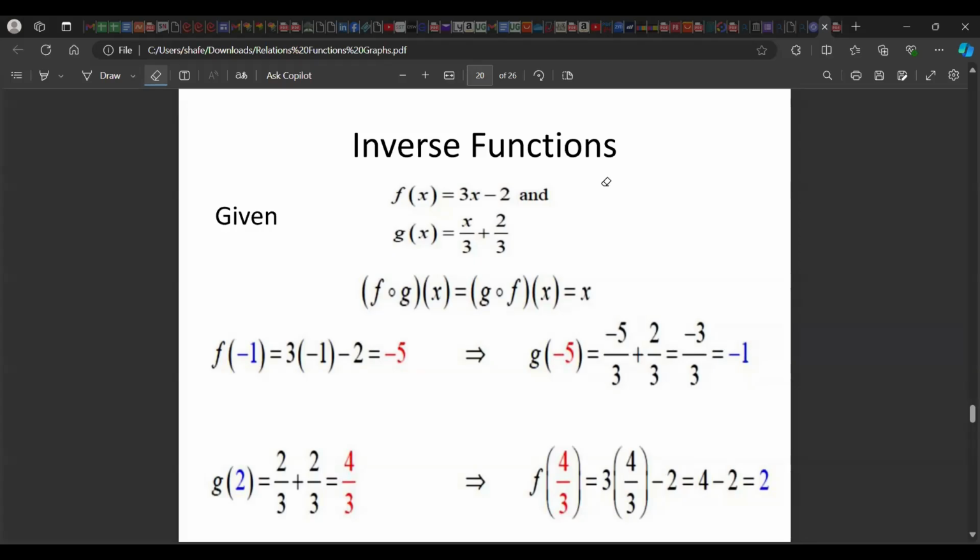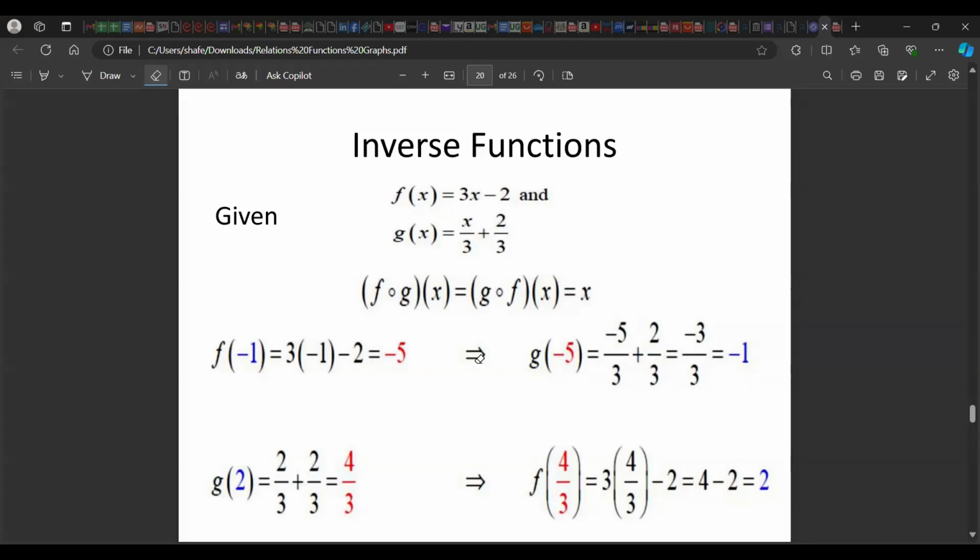But when you have a function and its inverse, what happens? One function reverses the operation of the other. So if f(x) takes a certain input and produces a certain output, g(x), which is the inverse of f(x), will do the opposite. It will take that output and produce back the input. That's what the inverse of a function does.